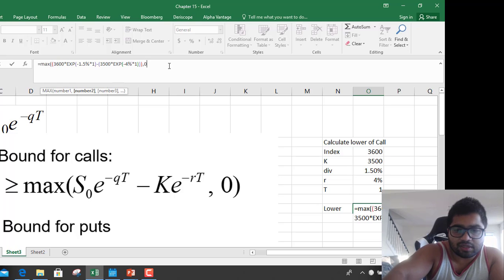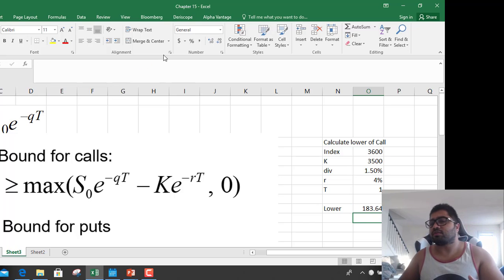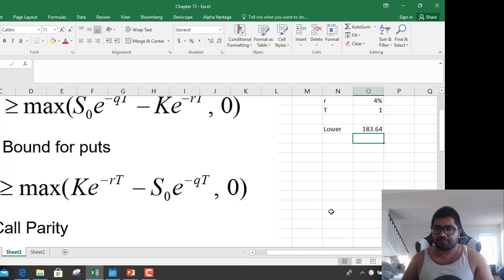That's why it was happening, because the brackets were wrong. I have just put it in the formula, and you have to be careful about the brackets. So the lower bound of the call option is 183.